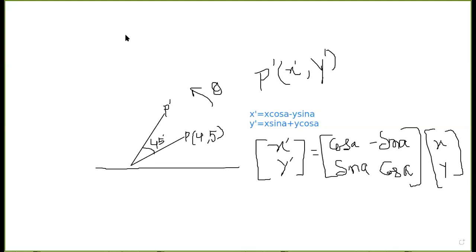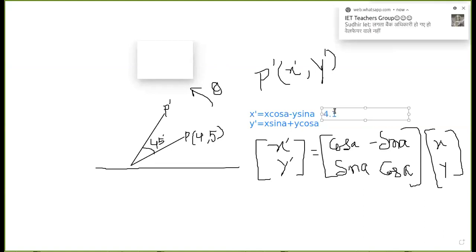Very good. 1 by root 2. What is the value of x? X is 4. So the value of x dash will be minus 1 by root 2.